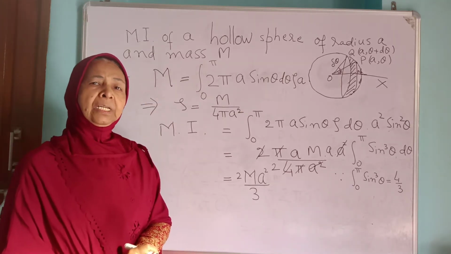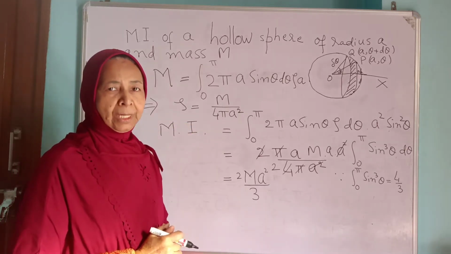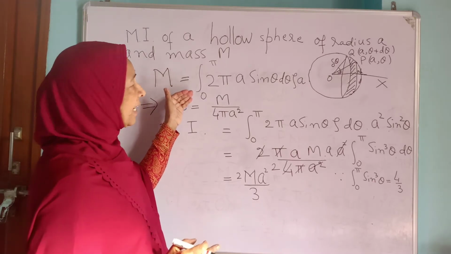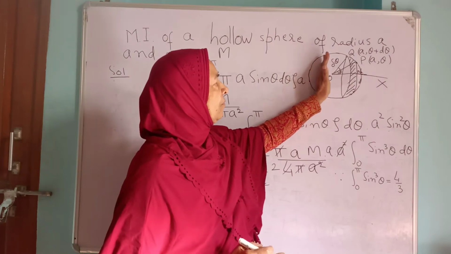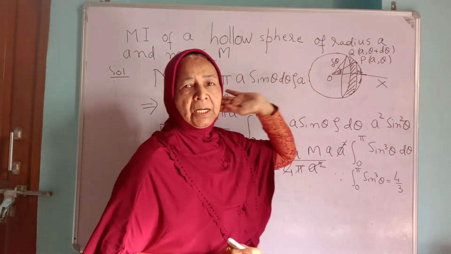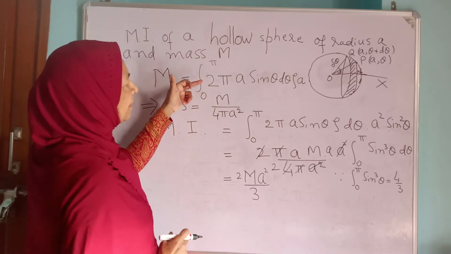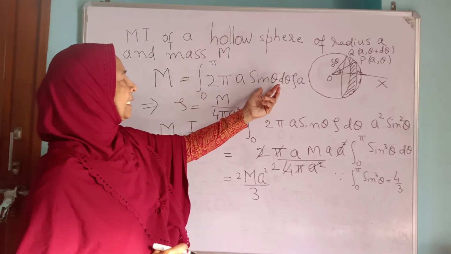In two dimensions, you calculate the area and then integrate to get the total mass. So, you can observe that theta varies from 0 to pi, because you can have a number of slices like this. So, this integral is very simple, 2 pi a square and then 0 to pi sin theta.